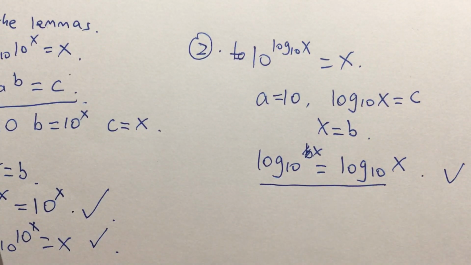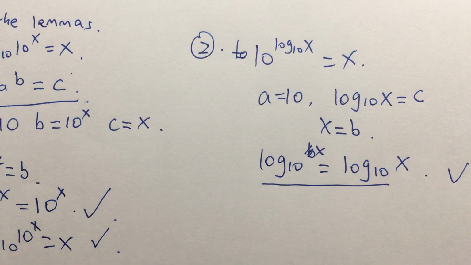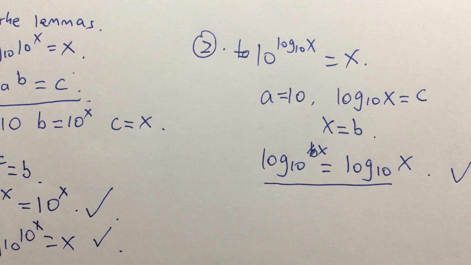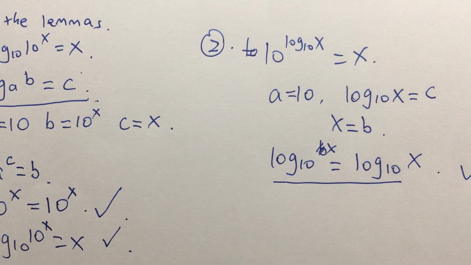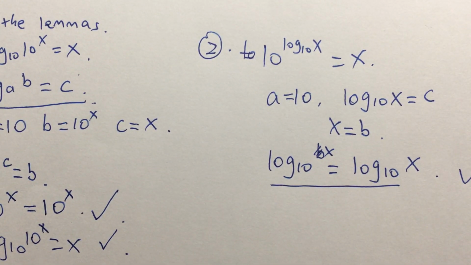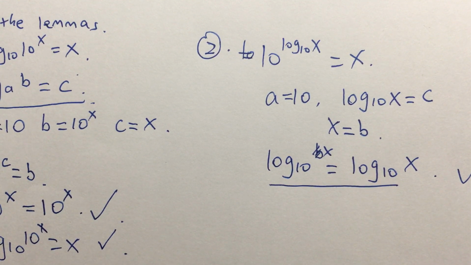So we have proved both of the lemmas, and these are very important lemmas because by using these you will get 3 other laws, and we are going to talk about them later.